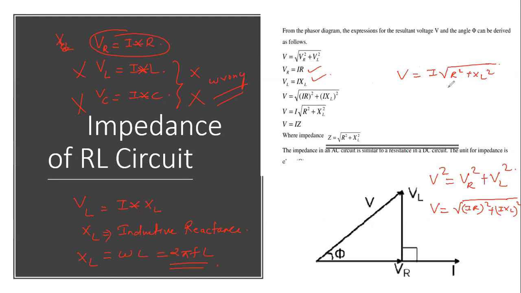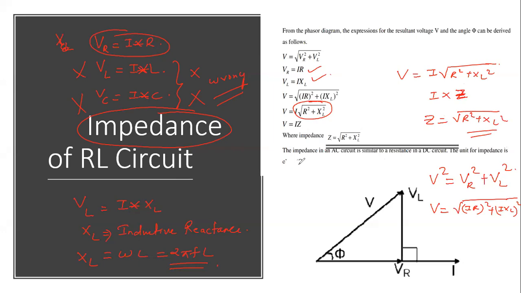So this root over R square plus XL square we can replace with Z. This Z represents impedance of the circuit, where Z is nothing but root over R square plus XL square. The impedance of the AC circuit is similar to resistance in a DC circuit.